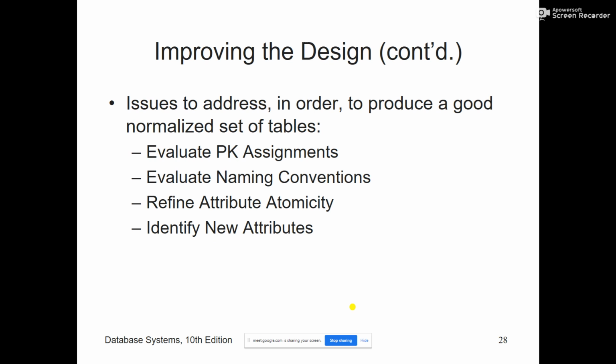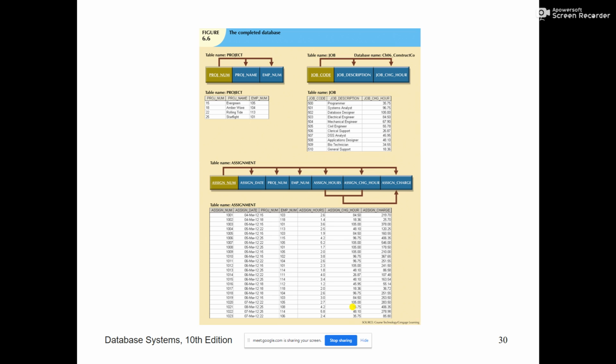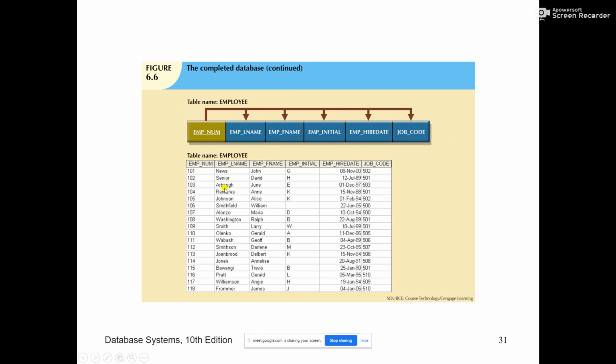Okay, when we are going to improve our database design, there are some issues that need to be addressed. The first thing is you have to evaluate the primary key assignment. Like here, if we see this table, we have an employee table, this one.